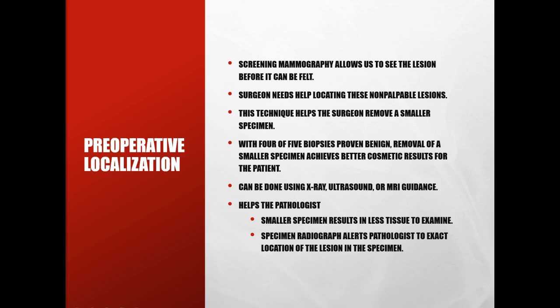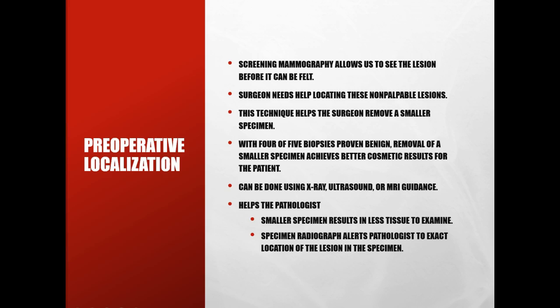With 4 out of 5 biopsies proven to be benign, removal of a smaller specimen achieves better cosmetic results for the patient. So if we can localize it well, it's less good tissue that surgeon has to remove when they're going after the lesion. It can be done under ultrasound guidance, mammographic/X-ray guidance, or MRI guidance.